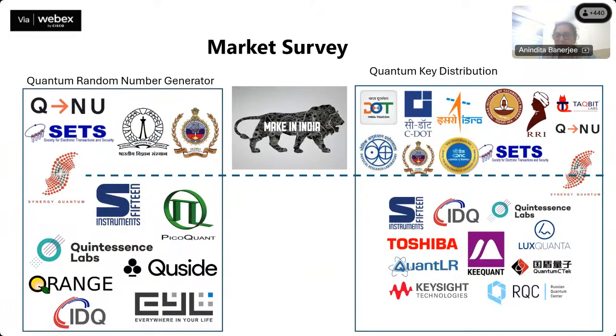So I think I'm almost at the last slide, or second last slide. This is the market survey, and these are the products in the Indian market, above the dashed line, and below are the global products in the global market.